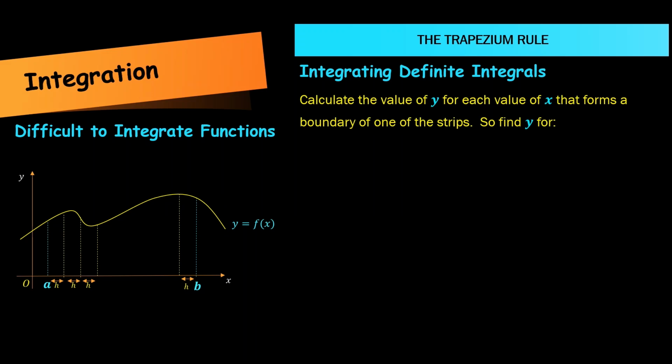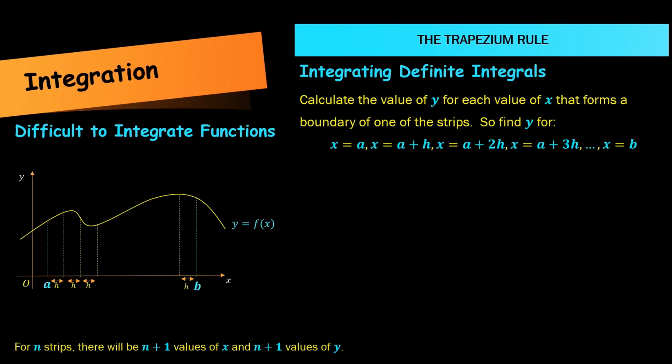Let's calculate the value of y for each value of x that forms a boundary of one of the strips. So in other words, we find y for x equals a plus h, x equals a plus 2h, x equals a plus 3h, all the way up to x equals b.